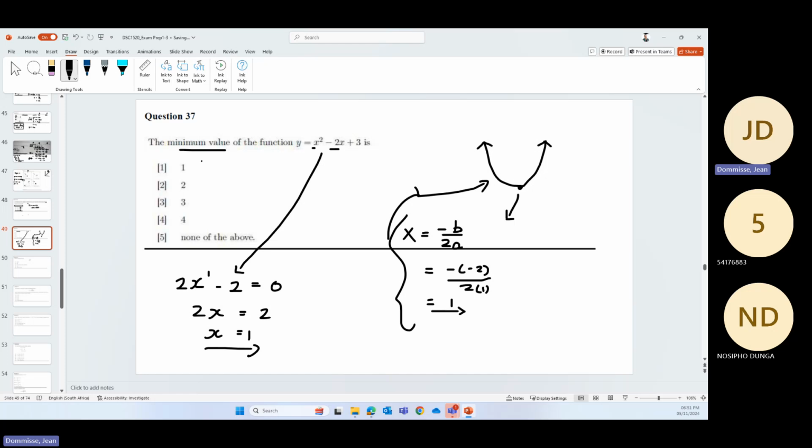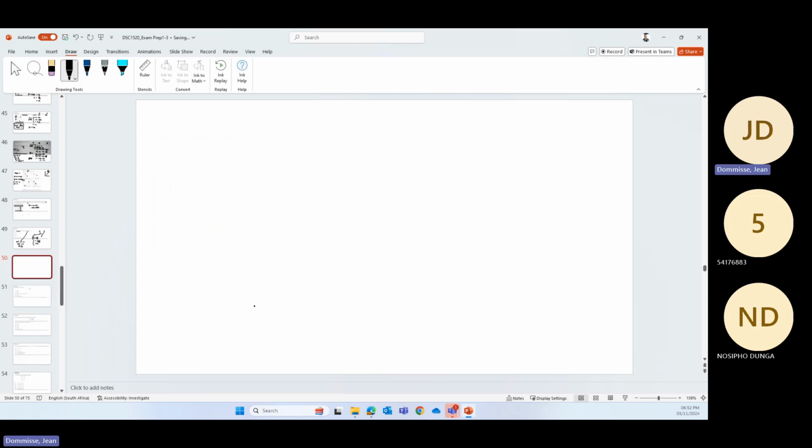Okay, so how do I know why I need to differentiate? So let's quickly say I had a function, what is this? A cubic function.